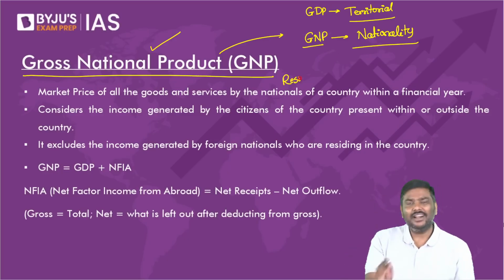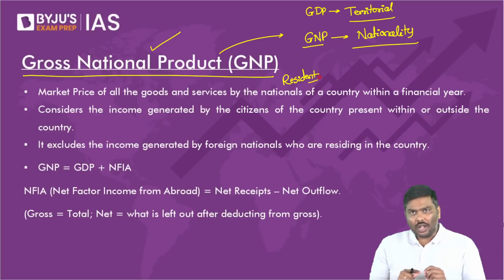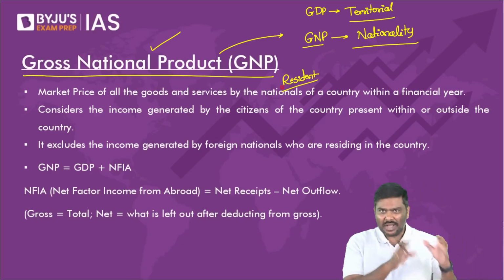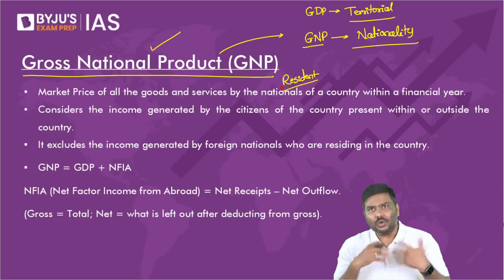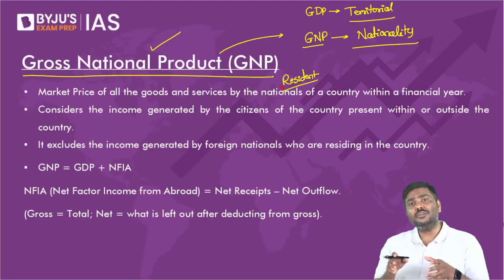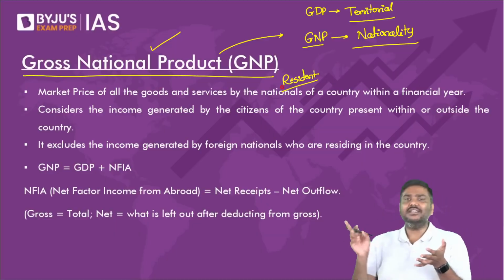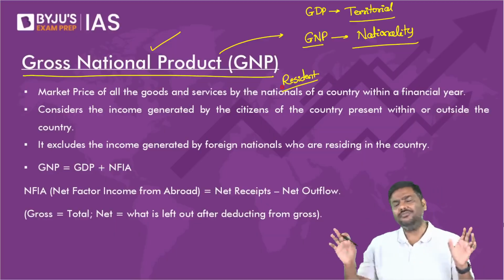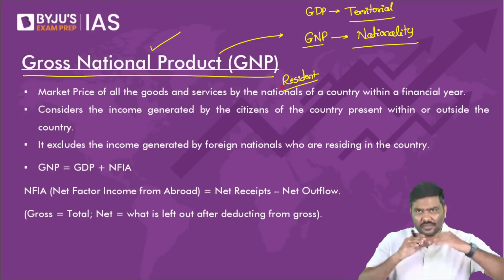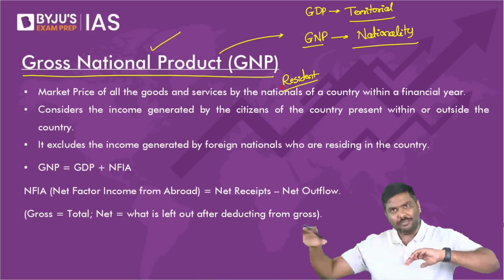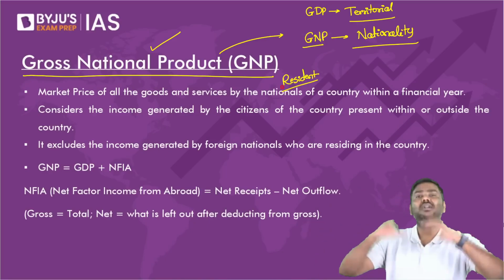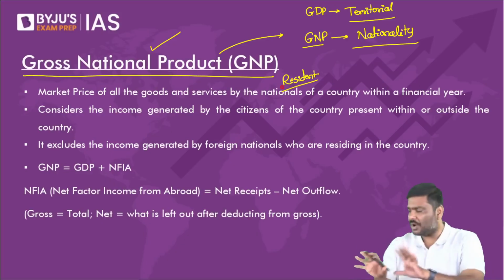Whether it is an Indian company or an Indian citizen, does not matter. Whether they are producing this within India or outside India does not matter. We will count it as a part of India's gross national product.